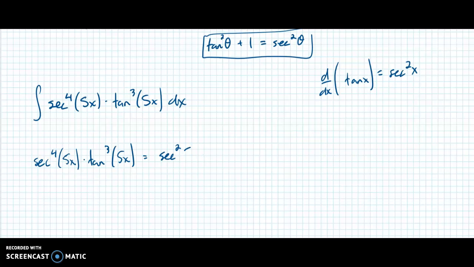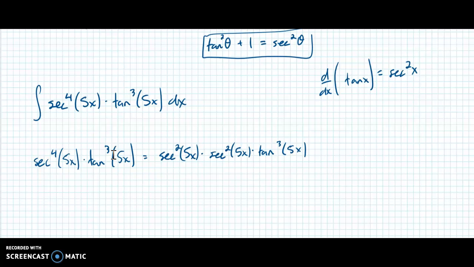I'm going to forget that a lot in this. 5x times secant squared of 5x times my tan cubed of 5x. Now you probably don't need to show all these steps, like a rewrite. I'm exhaustively showing work here.